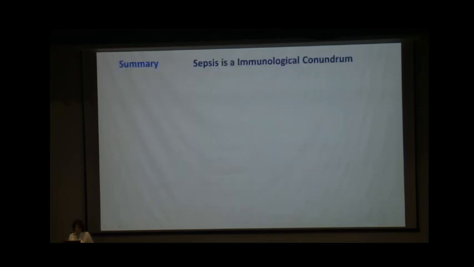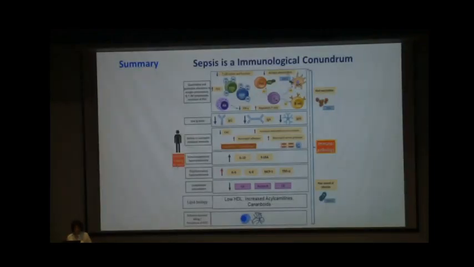So sepsis is an immunological conundrum. It's not a simple thing. I will give you the picture. Leading to sepsis, there are NK cells, monocytes, and I'm putting mast cells and ILCs also there.